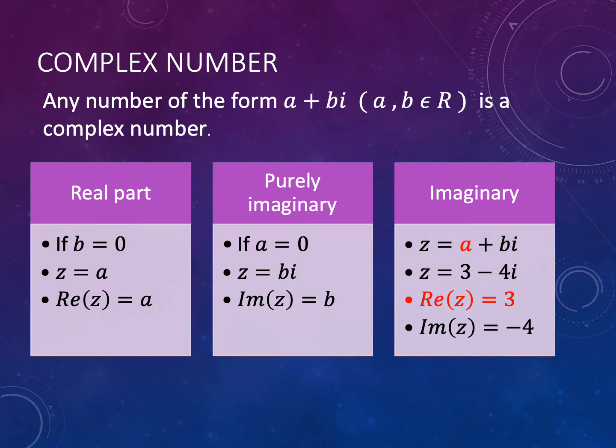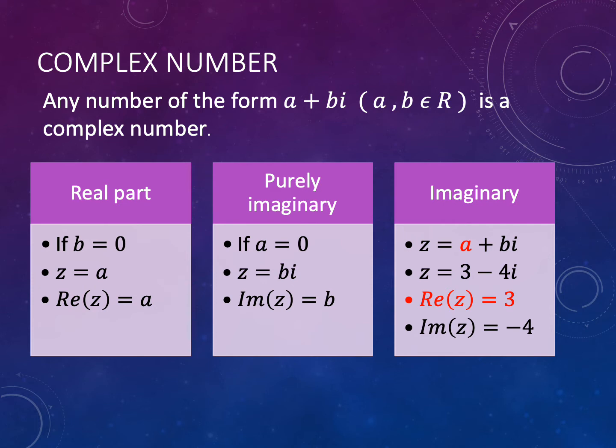Any number of the form a plus bi, where a and b are real numbers and i is the imaginary unit, is called a complex number. Let's say we have the complex number z equal to a plus bi.